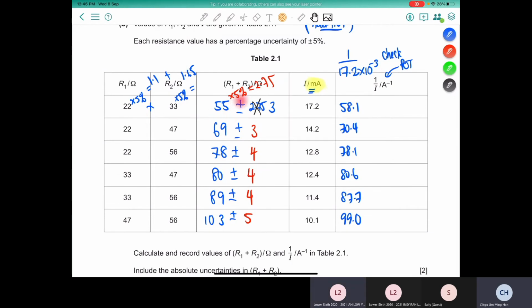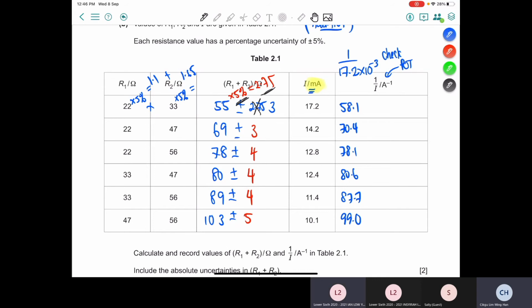You can straight away take 5% of the total value. 22 times 5% is 1.1. 33 times 5% is 1.65. You get 2.75. So the second way, you can just multiply by 5%, and you also get the same answer.